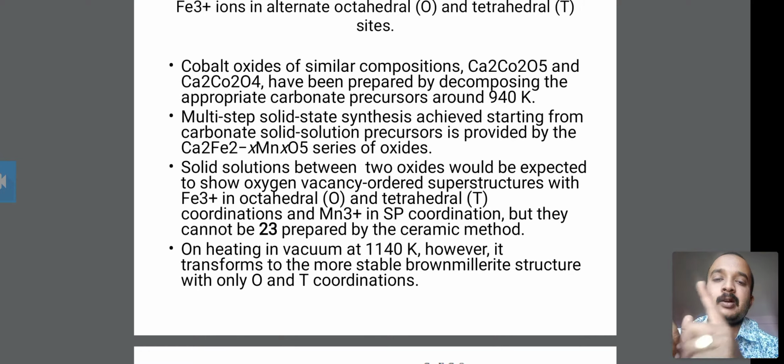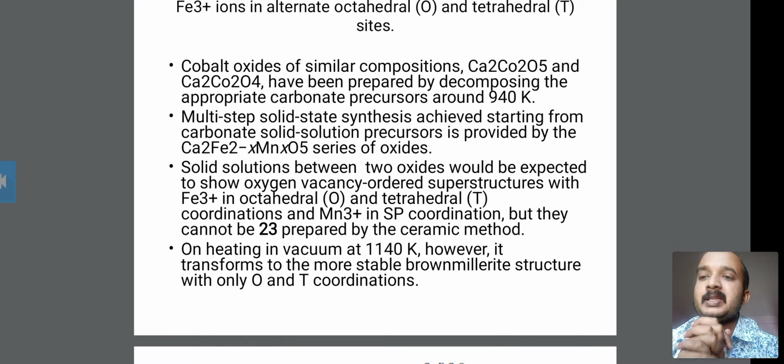So you decompose the carbonate precursor around 940 Kelvin, forming two similar cobalt oxides.